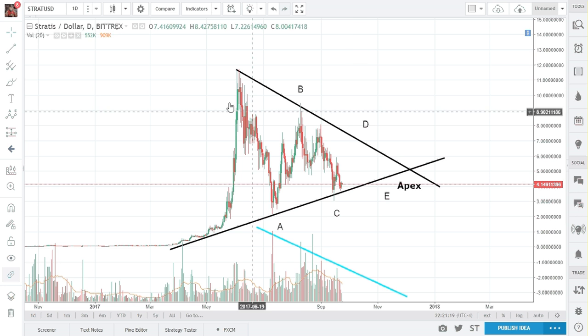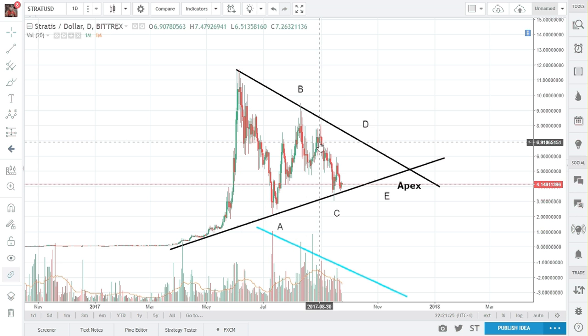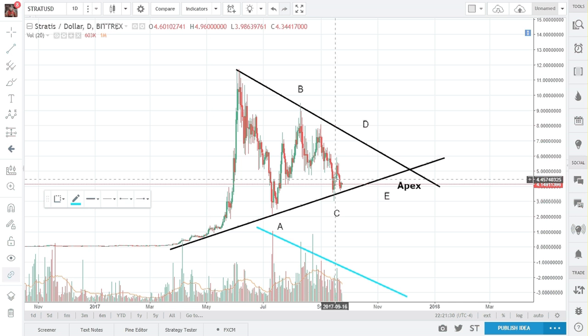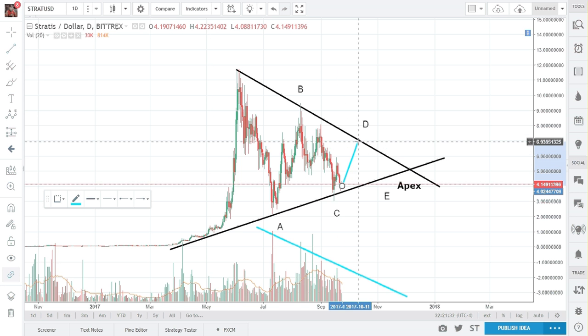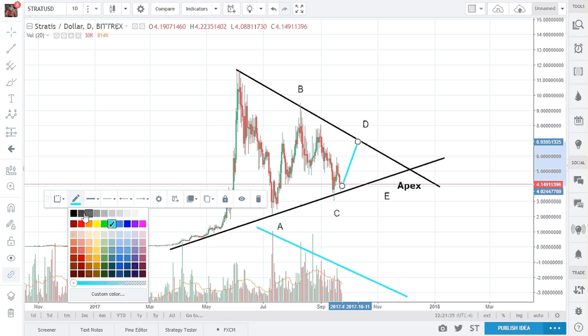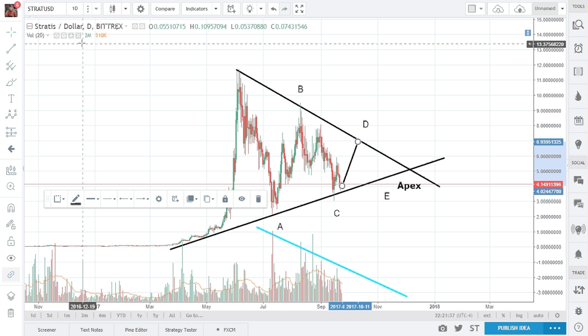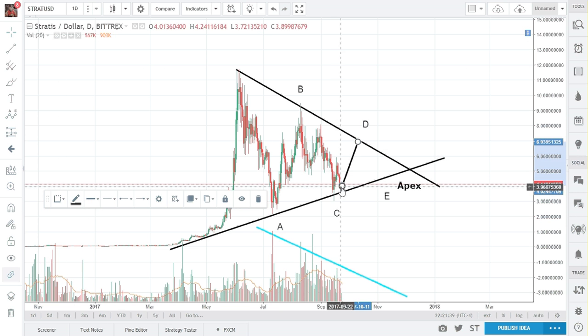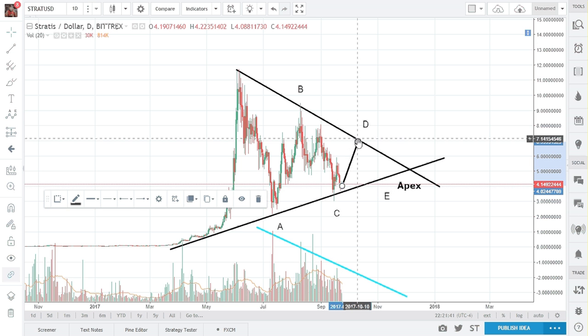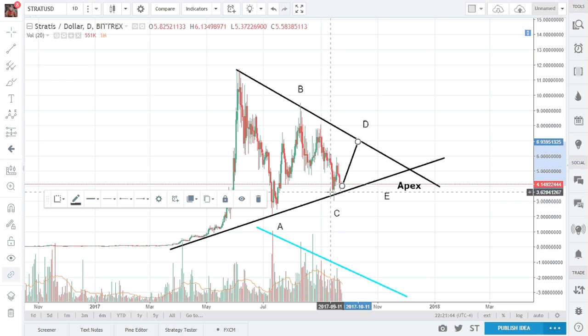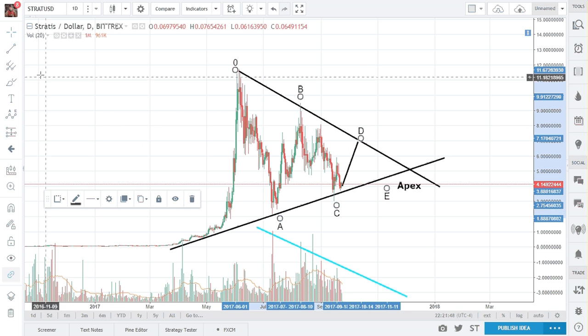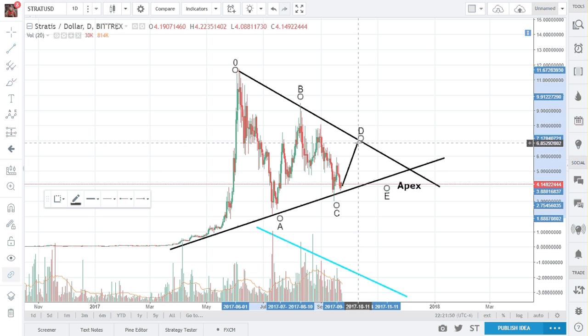So it's 3-wave-ish. 1, 2, 3, 1, 2, 3. So you want 3, 3, 3, 3. This will probably climb up to hit the D. So this will be A, B, C, D. I'm sorry, 1, 2, 3 waves to make a D, and then E will be the same.